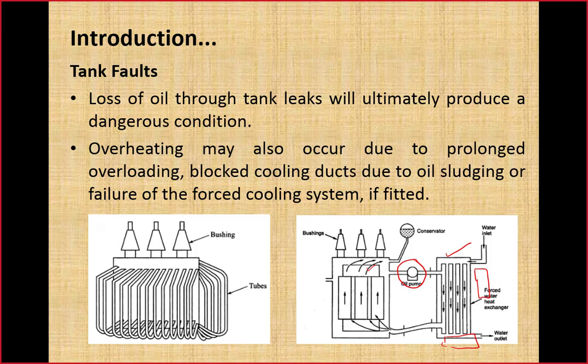So the pump and those fans are used to forcefully circulate oil as well as air through the tubes. That is known as forced oil and forced air circulation. If the produced heat in a large size power transformer is high, then we use this mechanism to radiate heat from the winding into the surrounding.